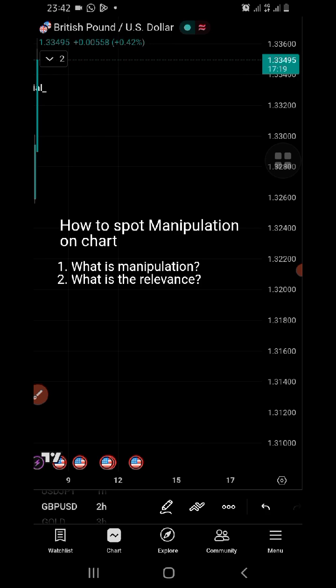Manipulation will first take place, because manipulation simply means taking out some people who have been waiting to take their orders. You take out those stop losses. Once those stop losses are taken out, it is assumed there is no blockage again, and the market is ready to move in the opposite direction. So the relevance of manipulation is that it helps to prepare a great order ahead. And that is why after manipulation occurs, that is when you now see distribution.